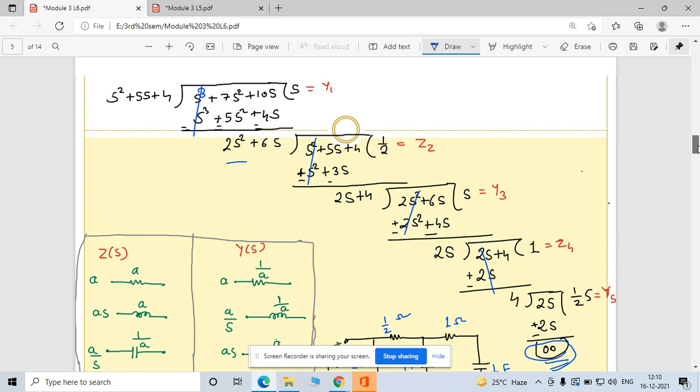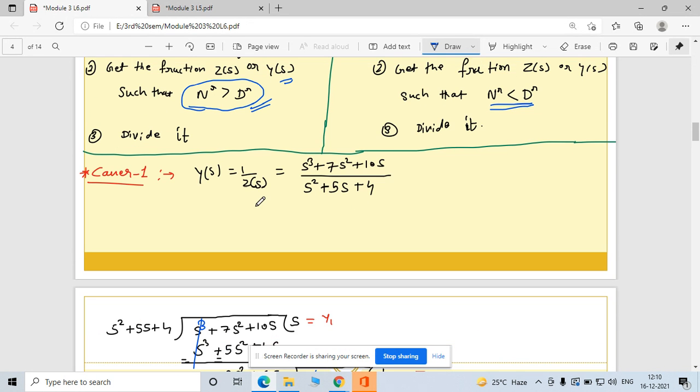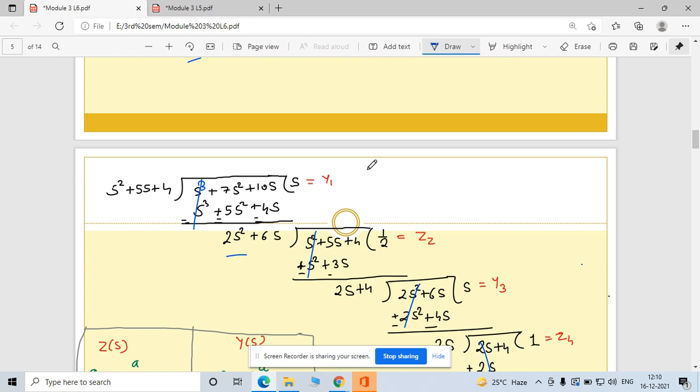Now observe here, you are starting with your admittance function. Admittance is your original function, because we converted that function to admittance format, and you are starting the division from this admittance function, right? So that's why the first quotient is your admittance Y1.